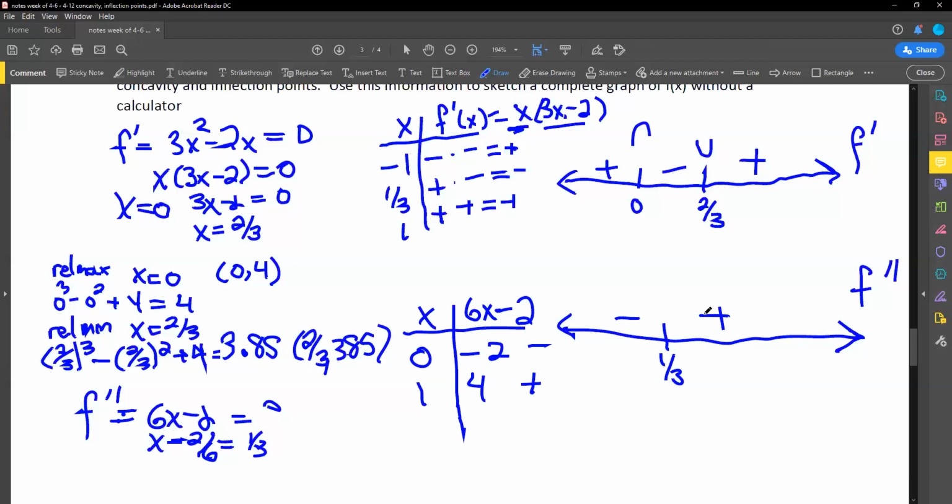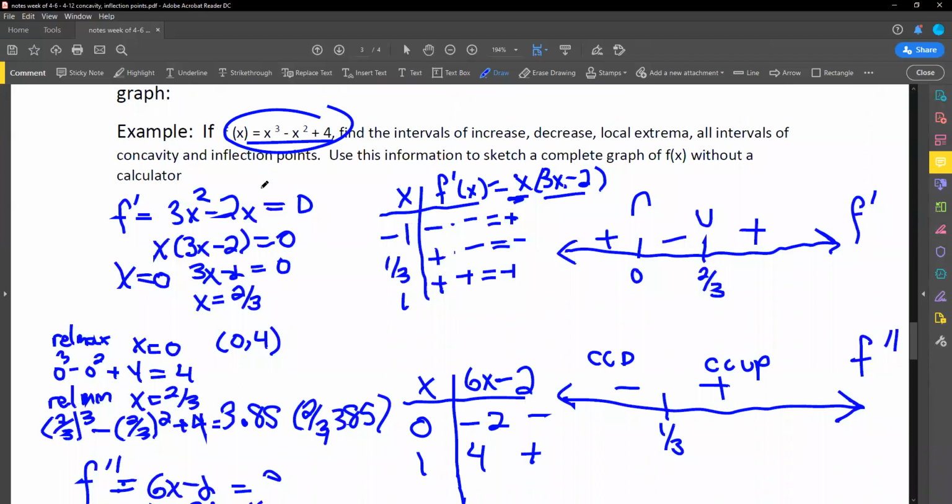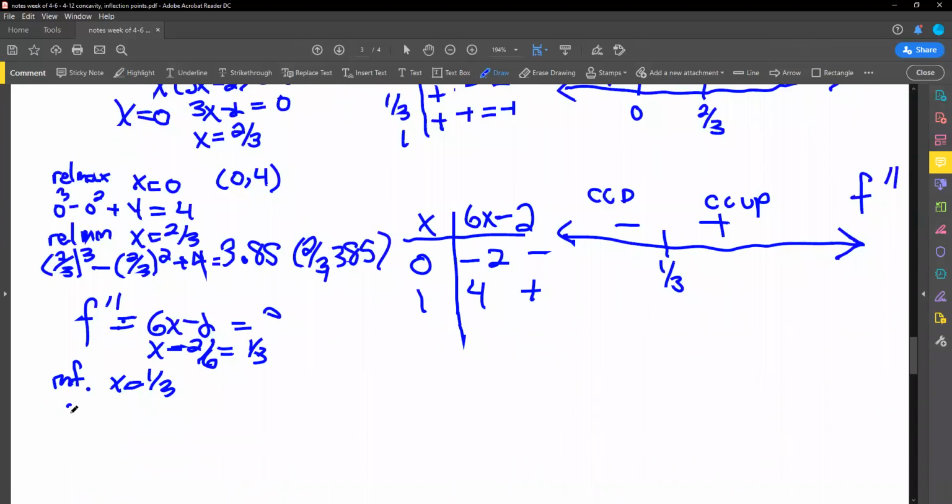So that tells me 1/3 is an inflection point because it shows a change from concave down to concave up. Okay, so what we're going to do is find that point. So I have an inflection point at x equals 1/3. I'm going to plug that back into the original function, x cubed minus x squared plus 4. So I'm going to do 1/3 cubed minus 1/3 squared plus 4.